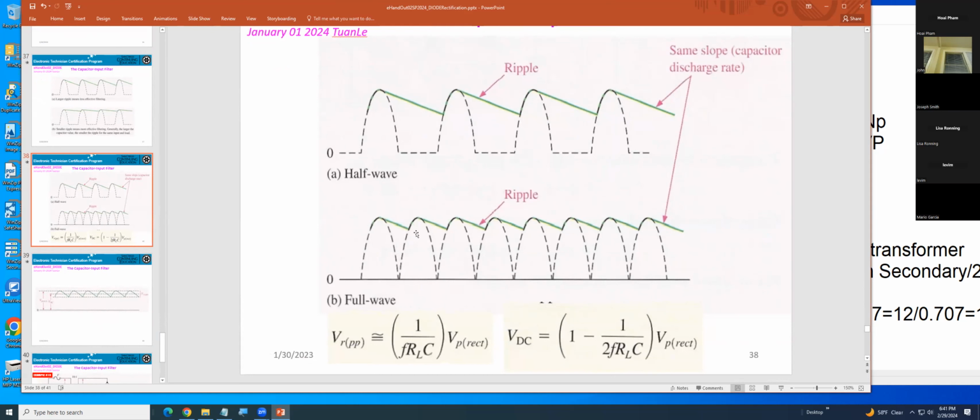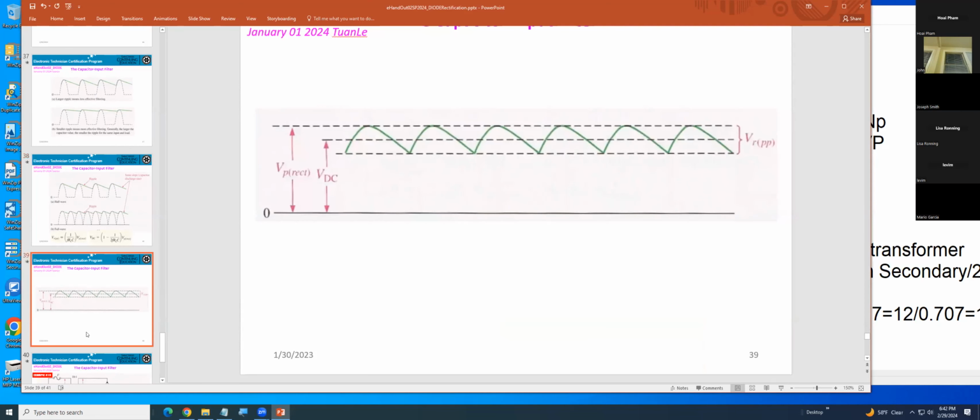Like, if we get a contract with the government to design something, then they have to give you the spec, okay? That means they want a ripple of how much, 0.001 millivolt. Then we have to select the capacitor charge and discharge to get a very, very small ripple.